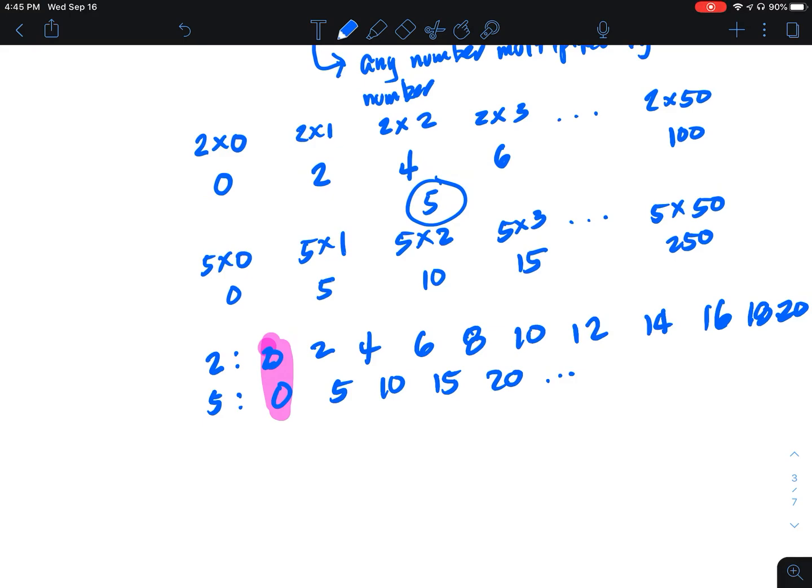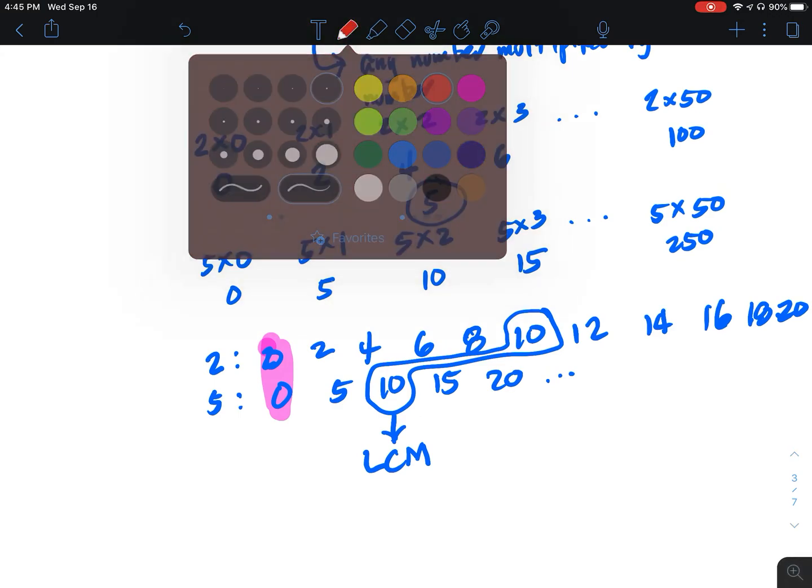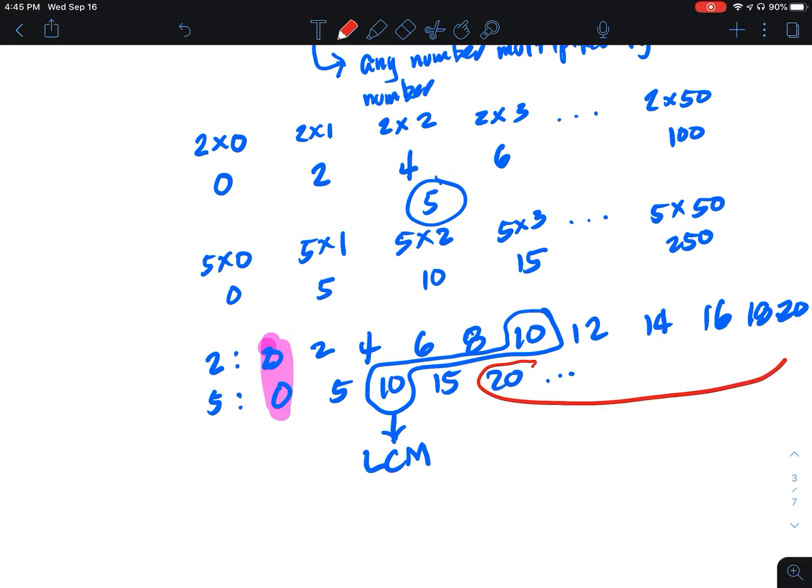We know that the least common multiple of 2 and 5 is 10. This is called your LCM, or the least common multiple. Also, 20 is a common multiple, but it's not the least common multiple. So when we talk about multiples, we want to find the least common multiple. In this case, the least common multiple of 2 and 5 is 10.